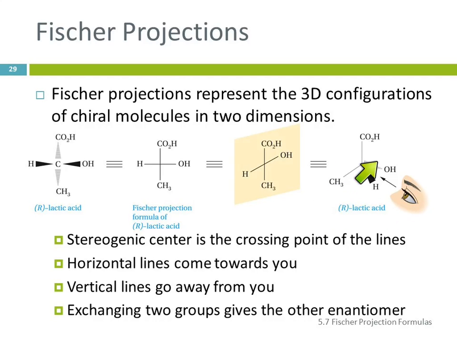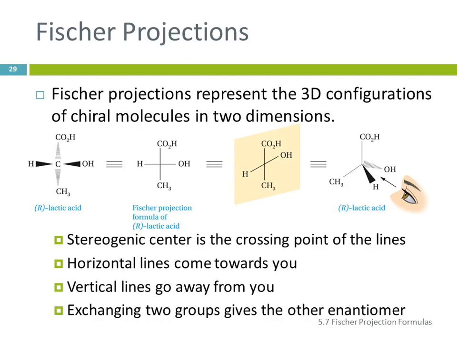I don't like that picture at all. If you take a Fischer projection and you switch any 2 of the groups, you make the opposite enantiomer. And that makes sense when you think about the horizontal ones.